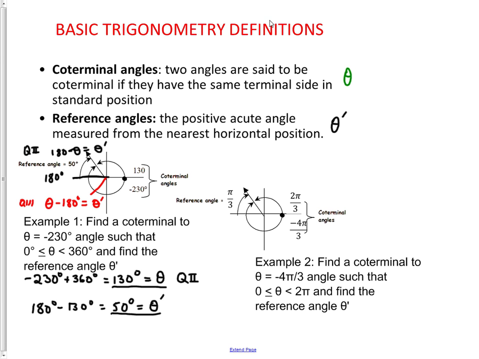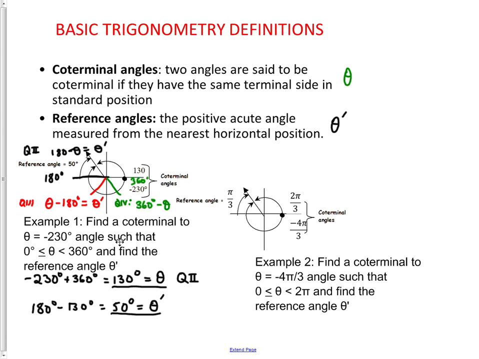In the fourth quadrant, it's a similar situation to the second quadrant, except that our closest horizontal position there is 360 degrees. So to find my quadrant 4 reference angle, I'm going to take 360 degrees and subtract theta, and that's going to give me my reference angle there.